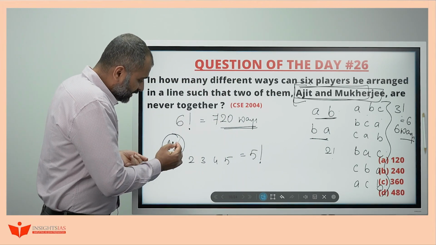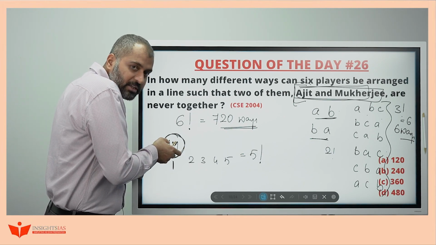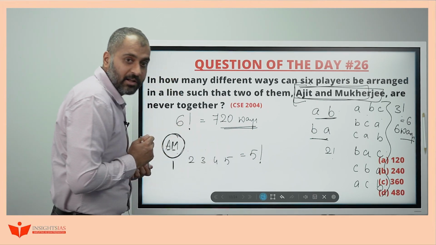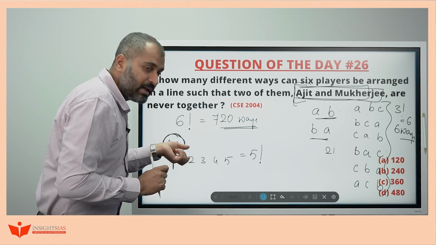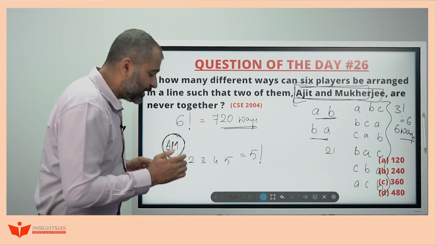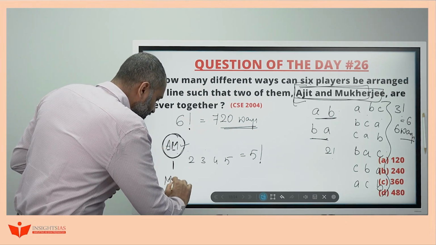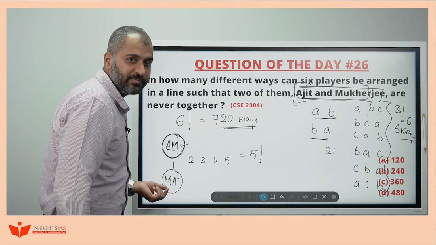You know that among themselves, Ajit and Mukherjee can come here, they can come here. But whenever Ajit and Mukherjee are here, they need not be in this order only. This can also be arranged as Mukherjee and Ajit. This becomes a different combination of sitting.